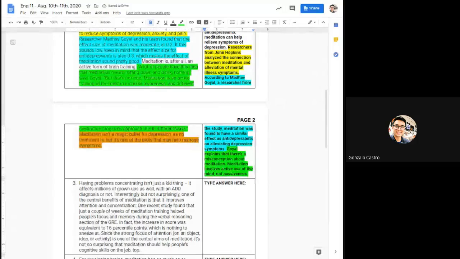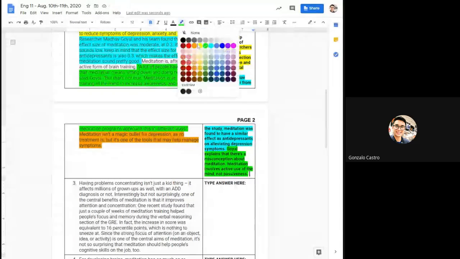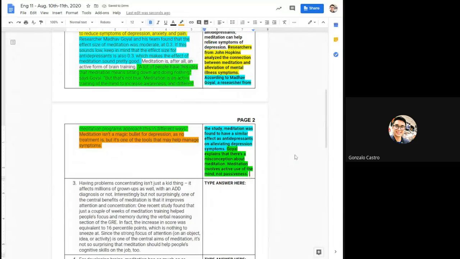And then lastly, we are going to paraphrase what's in orange. So when the author states meditation isn't a magic bullet for depression, he means that it's not a cure for depression. But he goes on to say that it can help manage symptoms.